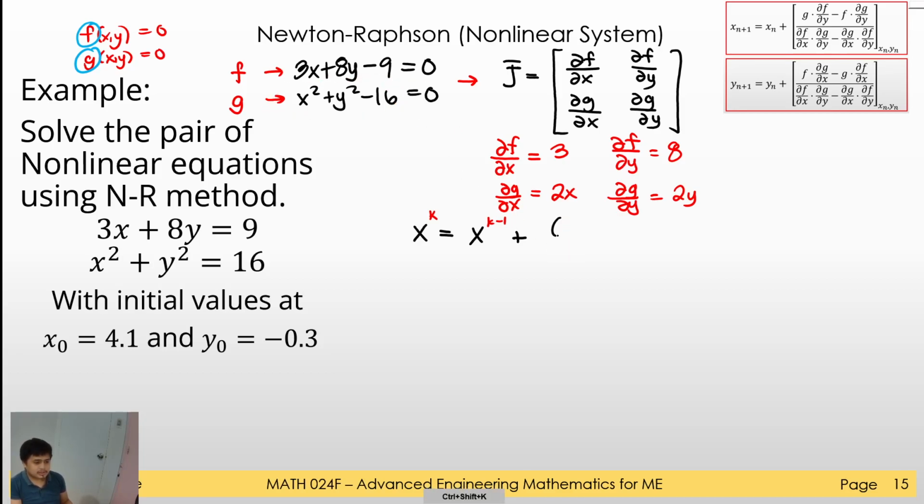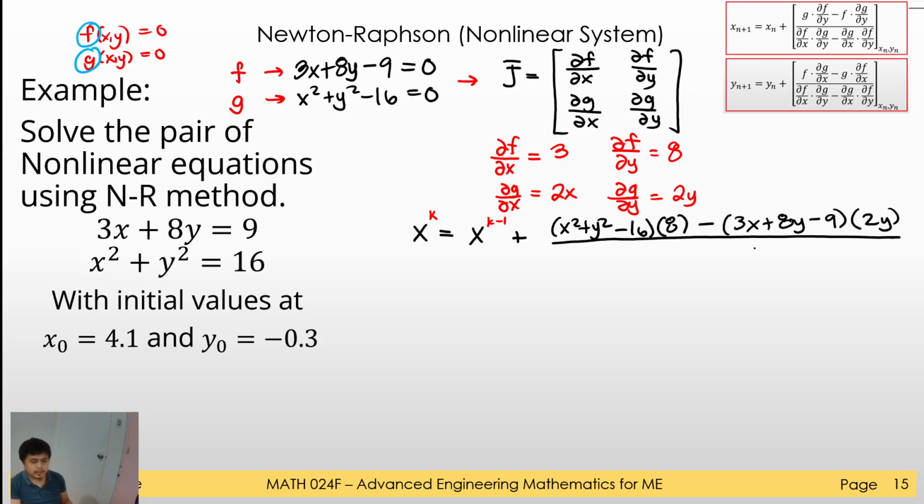So we have x squared plus y squared minus 16 multiplied by del f over del y, which is 8, minus f. f here is 3x plus 8y minus 9, multiplied by del g over del y, which is 2y.